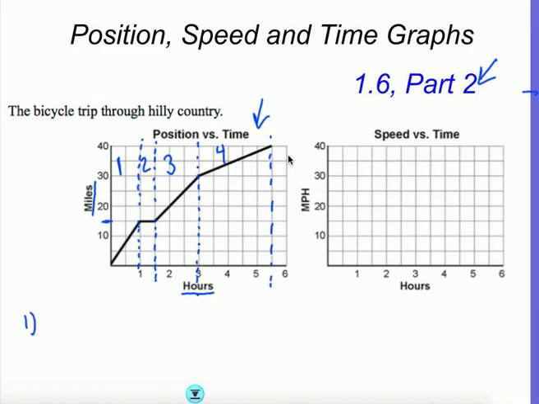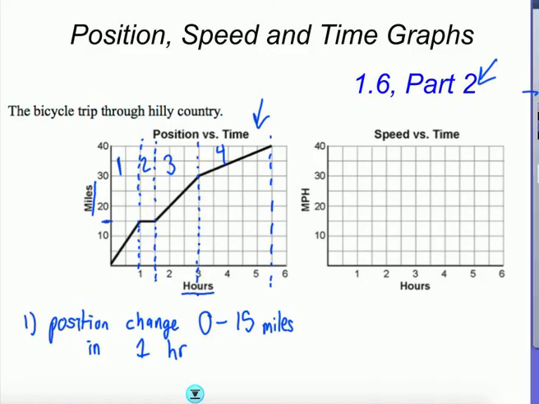In chunk 1, his position is changing. He's going from 0 to 15 miles in 1 hour. So we can calculate his speed during that time. His speed is going to be 15 miles distance over the time, 1 hour.